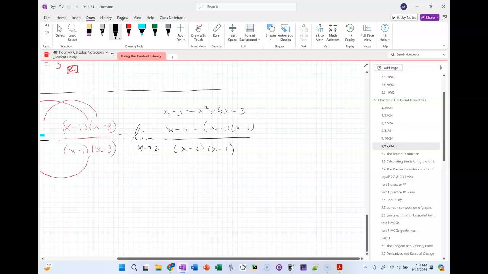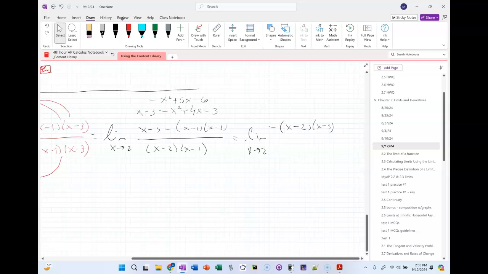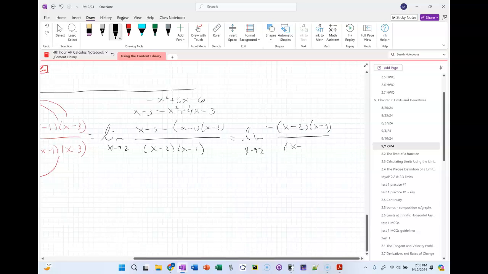So that's going to be negative x squared plus 5x minus 6, which factors to negative out front, and then x minus 2, x minus 3 over x minus 2, x minus 1.